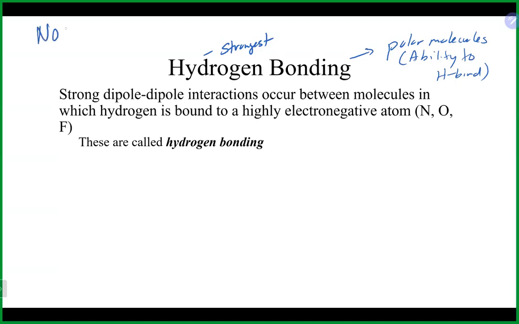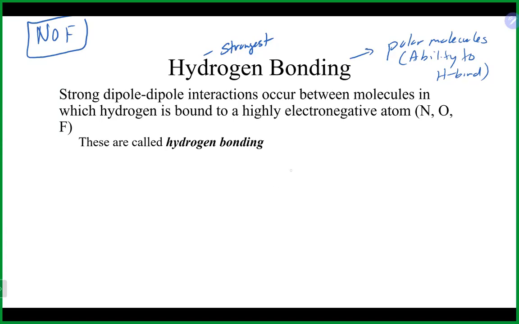So if you look at the periodic table, nitrogen, oxygen, and fluorine are pretty much upper right of the periodic table, which means they are the most negative elements you could have. With hydrogen, you get a pretty good separation of charge based on the difference in electronegativity, and that creates a pretty good positive side and negative side, and it allows it to hydrogen bond.